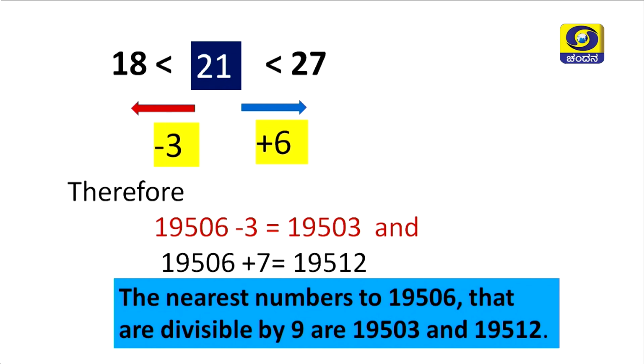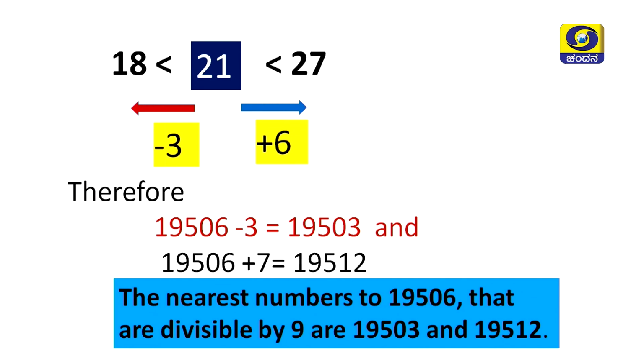Therefore, the nearest numbers to 19,506 that are divisible by 9 are 19,503 and 19,512.